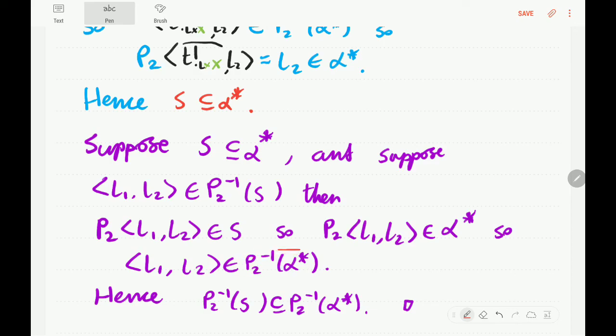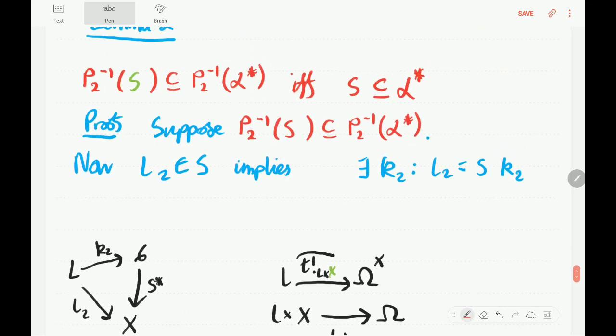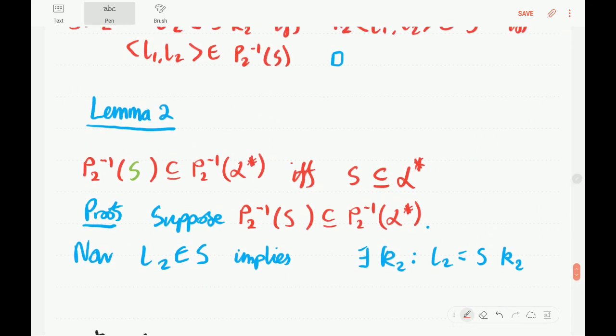And so again, if we assume we have an element of the pullback of S along P2, then that's actually also an element of the pullback of alpha star along P2. Hence, the pullback of S along P2 is contained in the pullback of alpha star along P2. So we've got the other way around now: the right-hand side implies the left-hand side too.